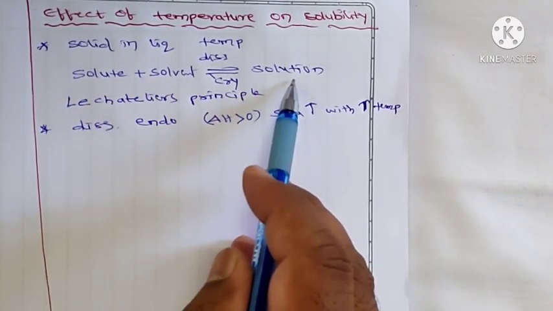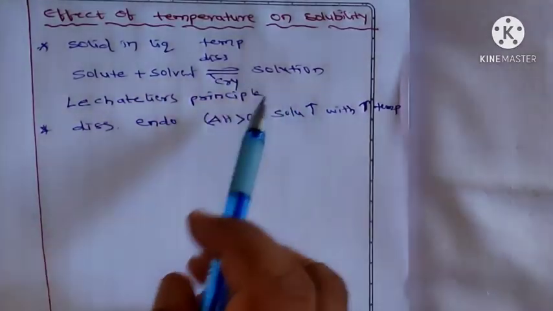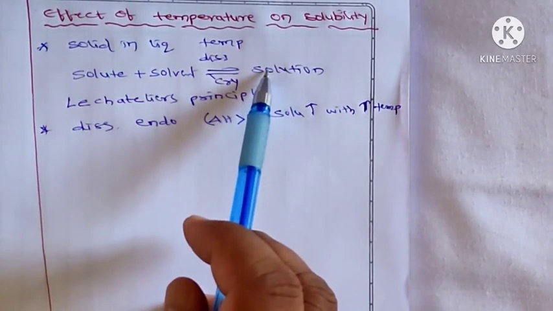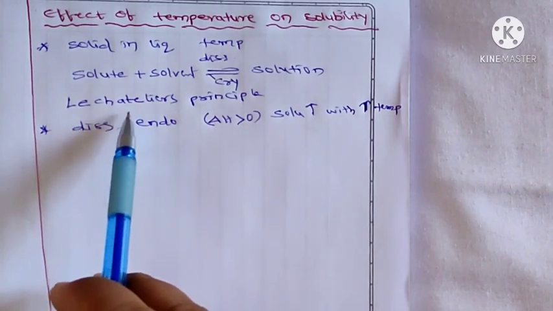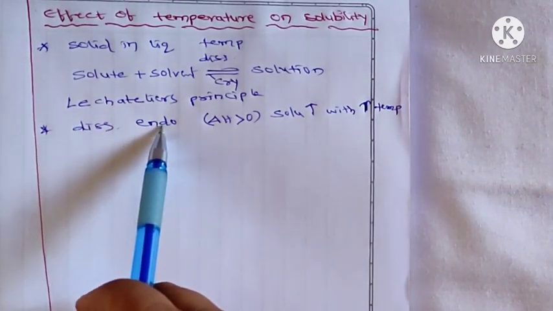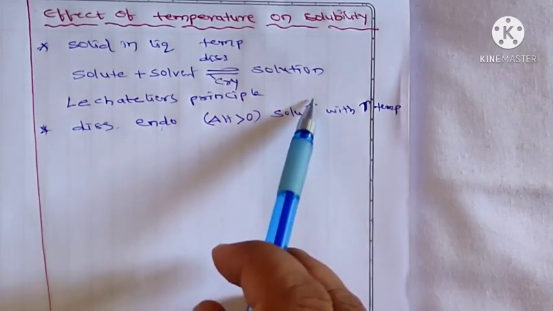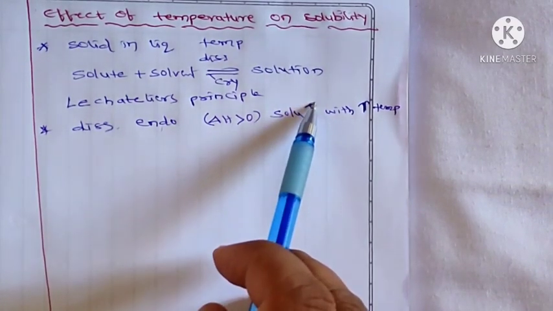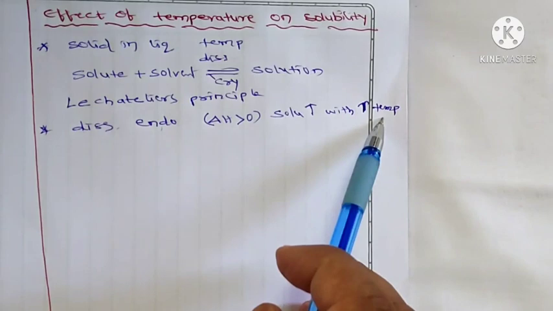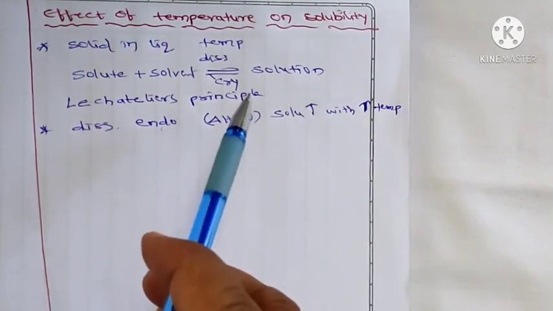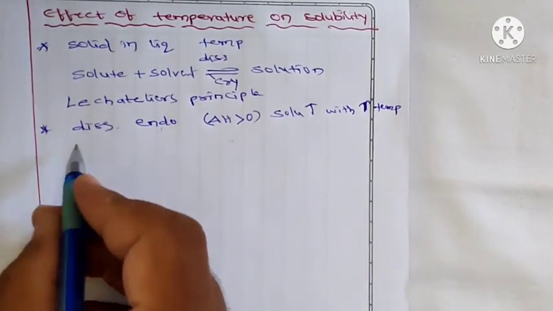In that dissolution process, if it is endothermic, meaning delta H is greater than 0, solubility increases with the increasing of temperature.